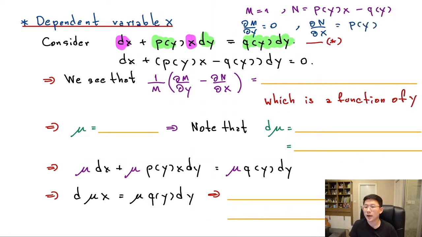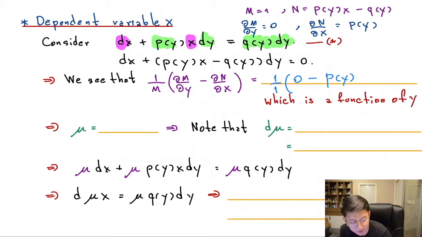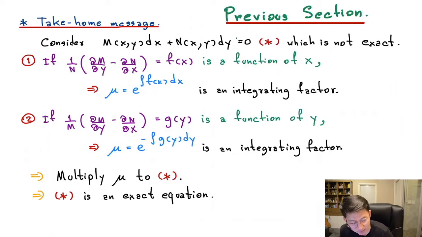So 1 over M is just 1 over 1, and ∂M/∂y is 0 minus ∂N/∂x, which is p(y). So we have minus p(y), and we let that be g(y).